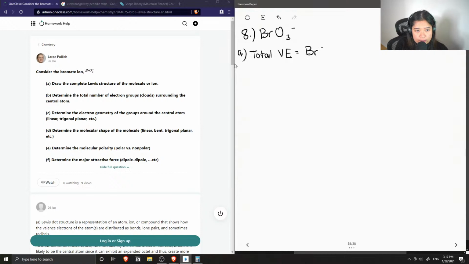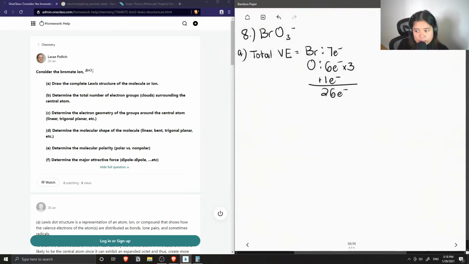Bromine has 7 valence electrons, and oxygen has 6, and we have 3 oxygen atoms, so we multiply that by 3. You'll also notice that the ion has a minus 1 charge. So an additional electron needs to be added to our total electron count, and we end up with 26 valence electrons in total.